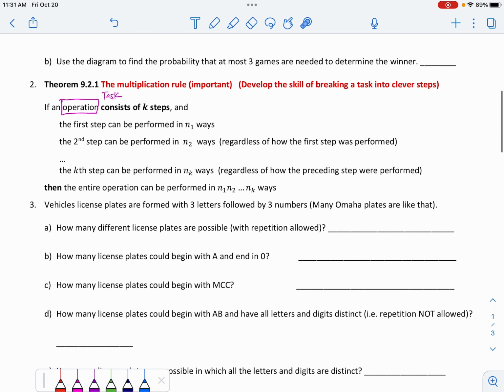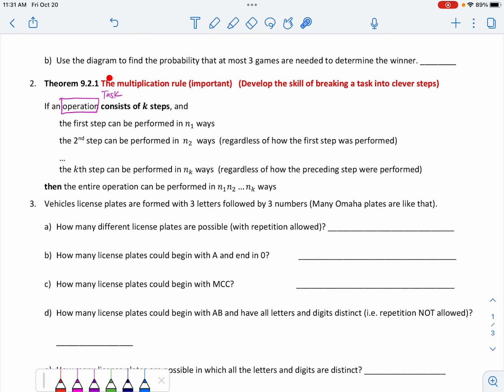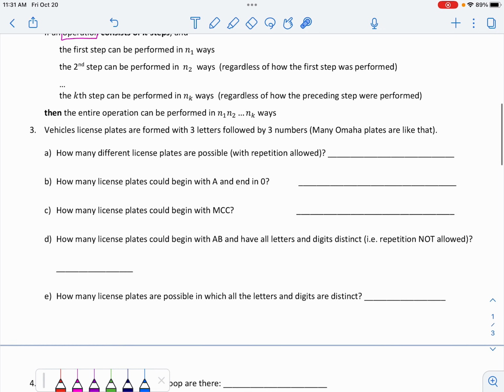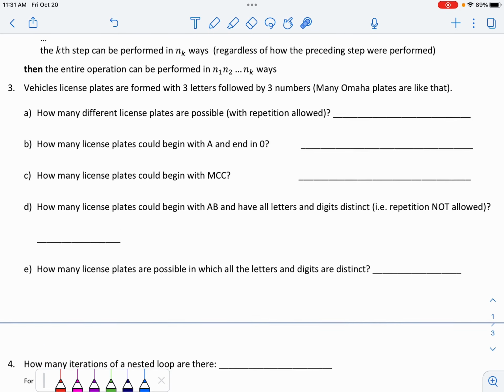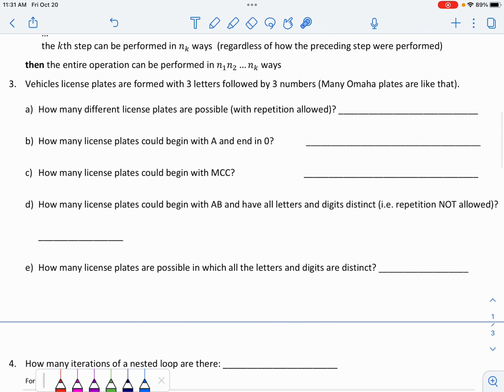Now the best way to master how to apply this multiplication rule is to do a whole bunch of different problems. Let's start with the first problem here. Okay, so vehicle license plates are formed with 3 letters followed by 3 numbers, and you may see that in many vehicles in Omaha, they are like that.